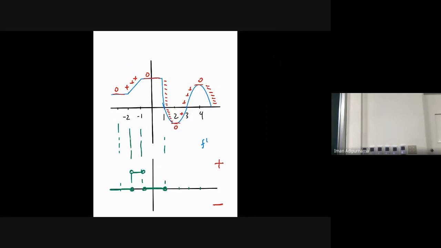Because this is negative, I need to start the negative one from here. So maybe it will start from below, and I will need to go up, reaching 0, and then still going up.